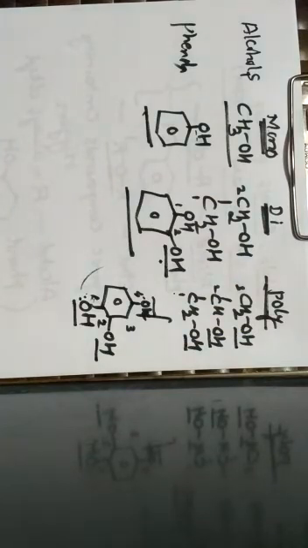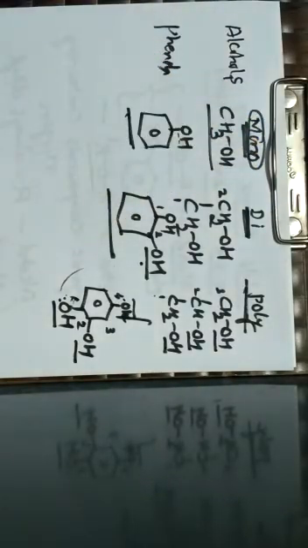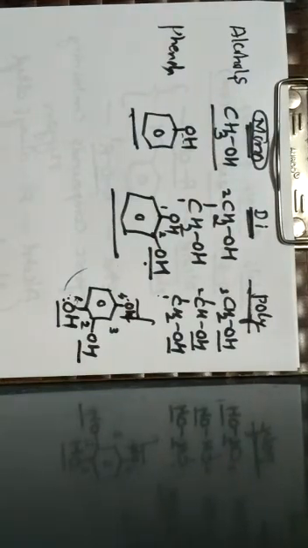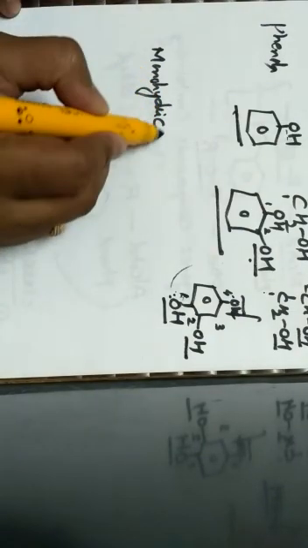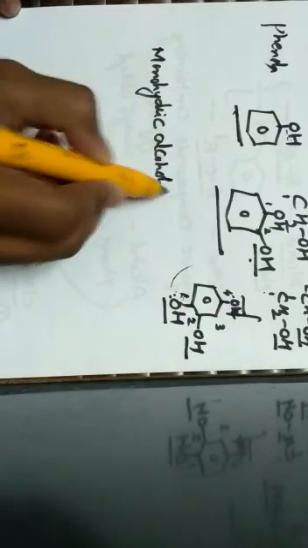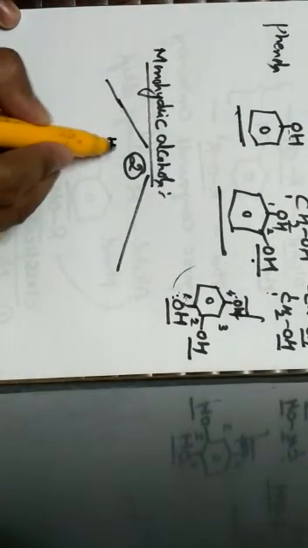After knowing this, the monohydric alcohols, the first type, have subclassifications based upon hybridization. Let us discuss that. Monohydric alcohols are further classified based upon the hybridization of carbon. They are categorized into two different types.